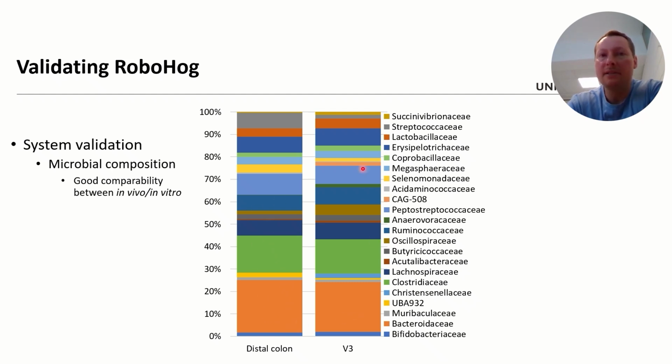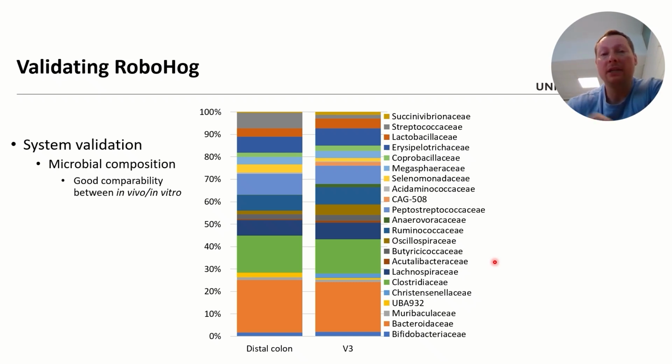And this is the microbial ecology that we've established in RoboHog. And you can see that there is very good compatibility between the two models. We've got some differences, but by and large, we've got a very complex microbiome being established in this model.